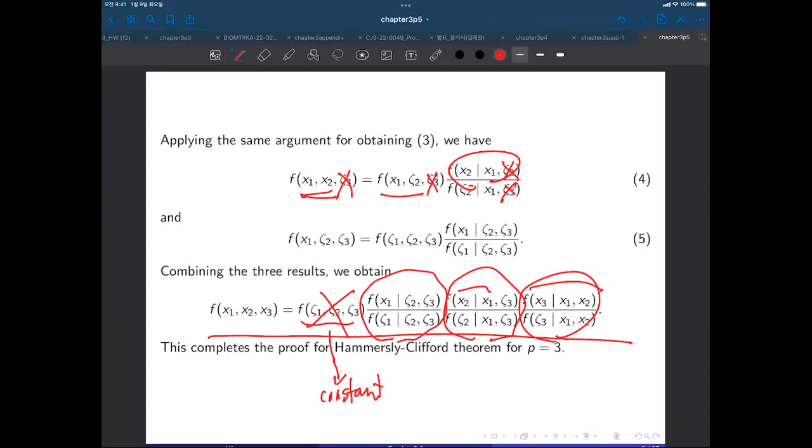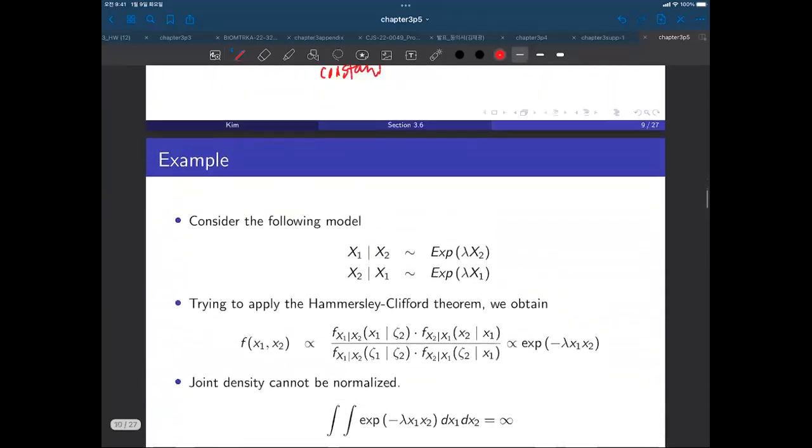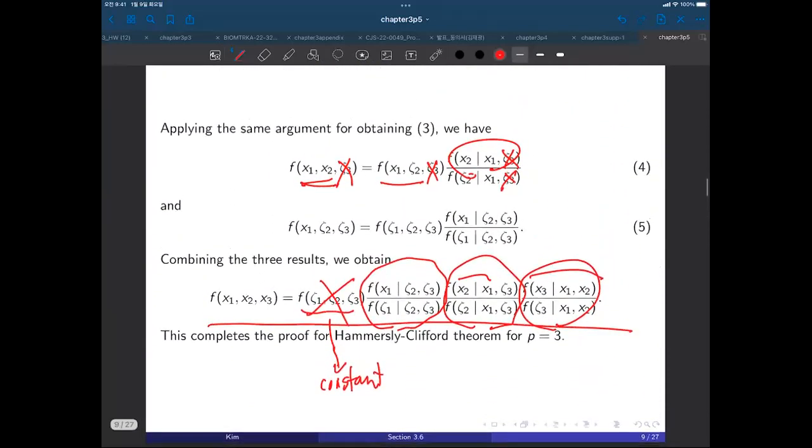The denominator of the first ratio is not constant.